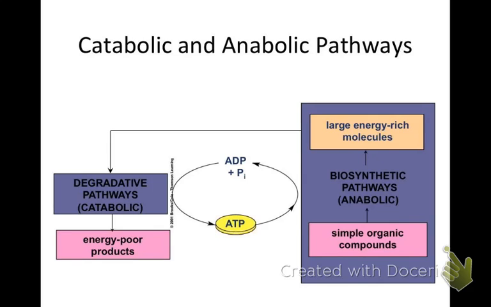They are anabolic, building. Photosynthesis is also anabolic. So the anabolic reactions are consuming the ATP, and the catabolic reactions are building it back from those larger molecules, and they're breaking down. So it's a constant energy conversion cycle.